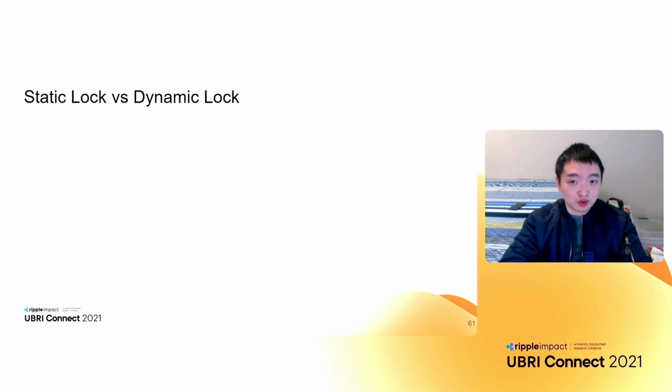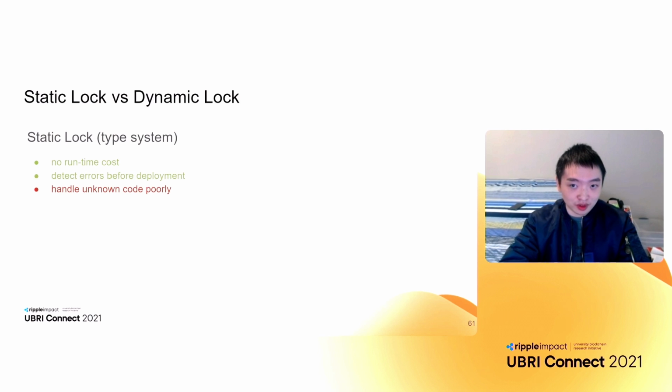There are two different strategies to enforce this kind of integrity lock. We can enforce it statically with a type system, or we can enforce it dynamically at runtime. The static lock brings no runtime cost, and it can detect errors before deployment of code. But unfortunately, it cannot handle unknown or legacy code that may not provide the same guarantees. And we need to handle that because smart contracts need to interact with unknown code.